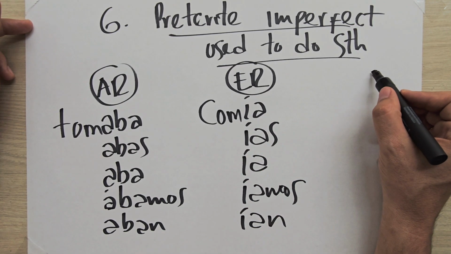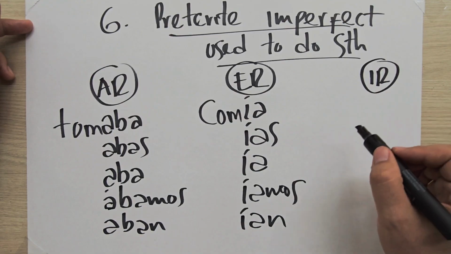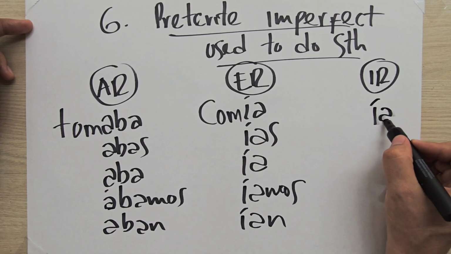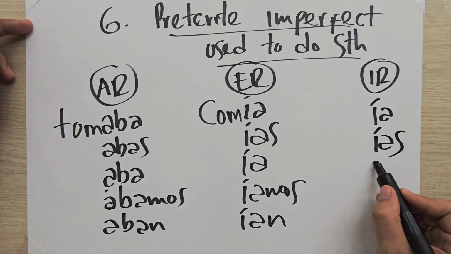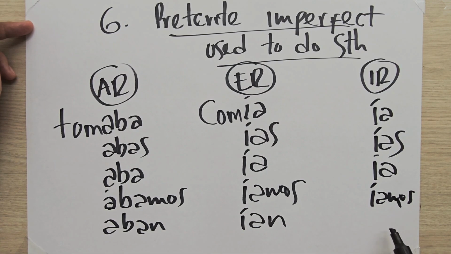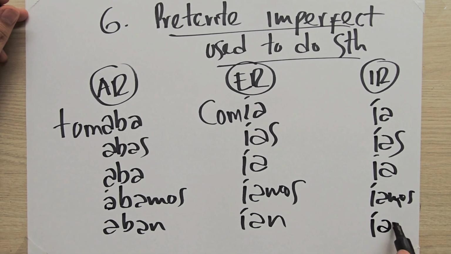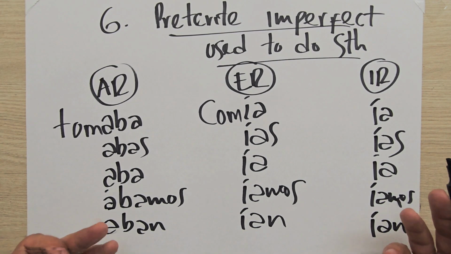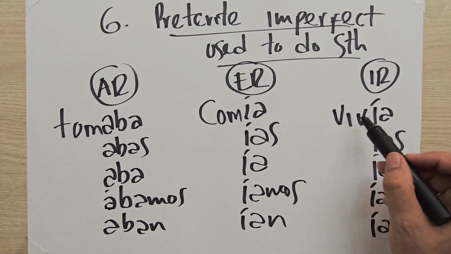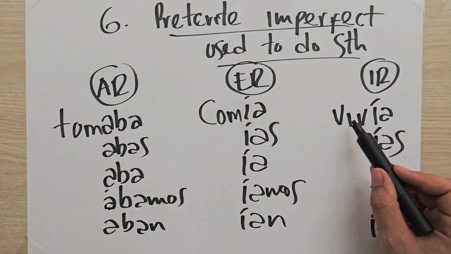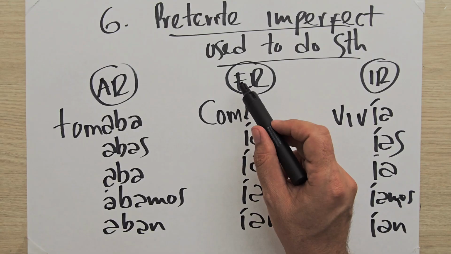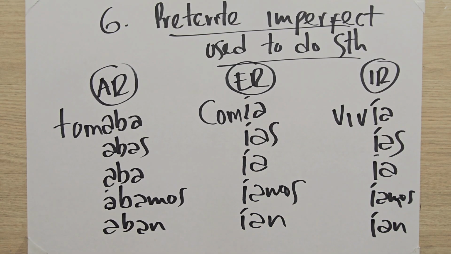And the third ending is the IR conjugation, and it follows the same pattern of the ER verbs. Ía, ías, ía, íamos, ían. And a useful verb with this conjugation is vivir. Vivía. I used to live. Vivía, vivías, vivía, vivíamos, vivían. Pay attention to the emphasis on the I for the ER and the IR verbs.